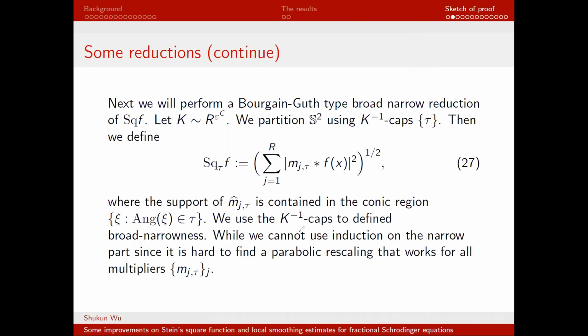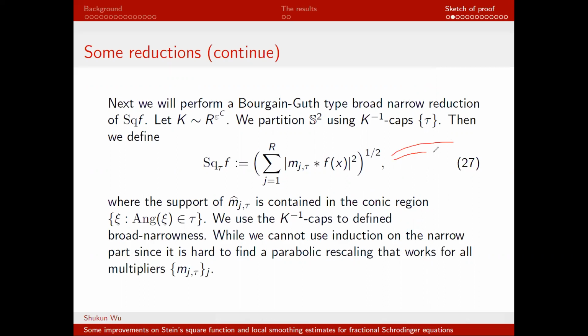We use this K inverse cap to define broad and narrow as always, but we cannot use induction on the narrow part, since it is hard to find a parabolic scaling that works for all multipliers m_j tau.